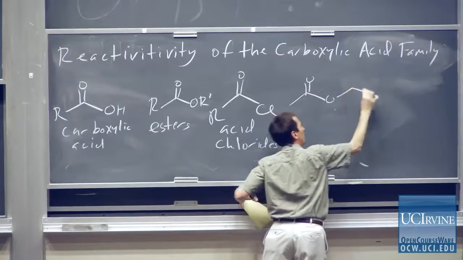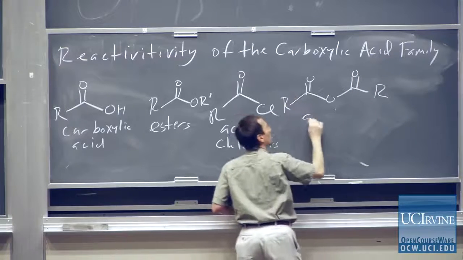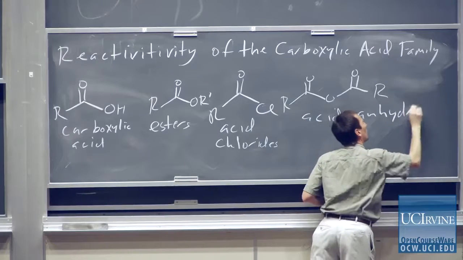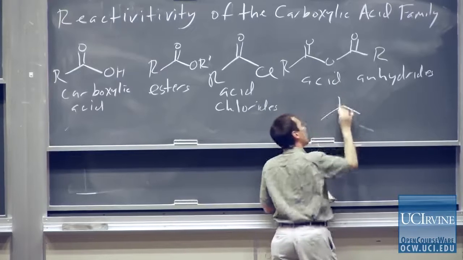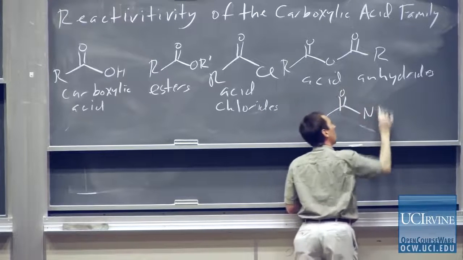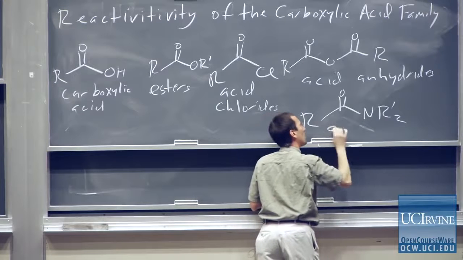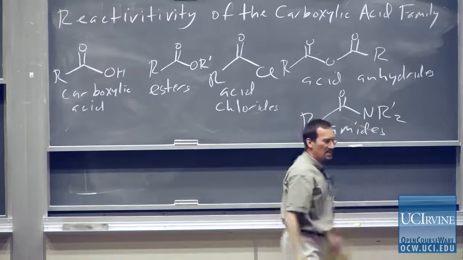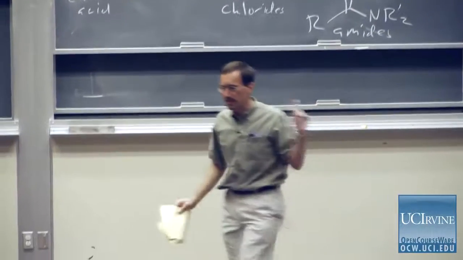I'll include in the family acid anhydrides, and to wrap up the main members of the family, I'll talk about amides. But before we discuss their reactions with organometallic reagents, I saw several questions.